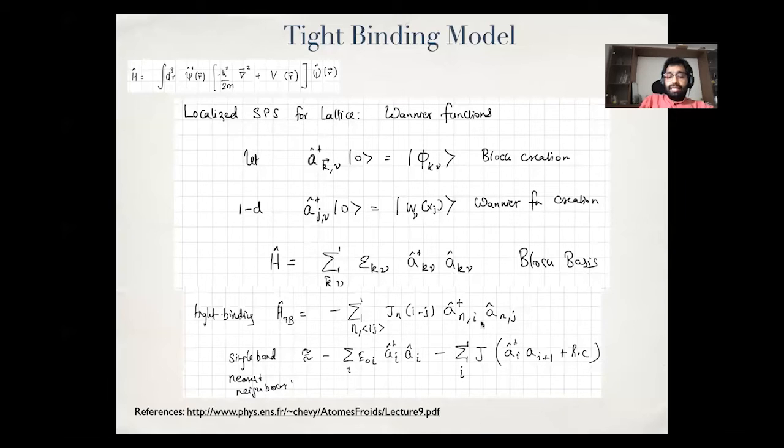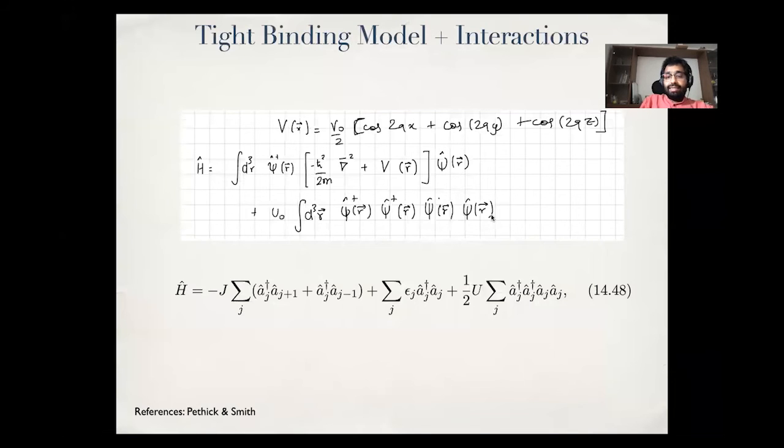When I did that, I got the tight binding model when there were no interactions in my Hamiltonian, right? Now, if I have interactions like this, I also get this extra term that describes the interactions between the atoms. So now this is the Hamiltonian that describes an interacting bosonic system on an optical lattice, and this is called the Bose-Hubbard model.